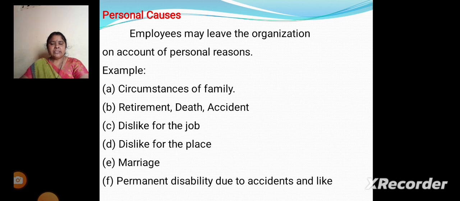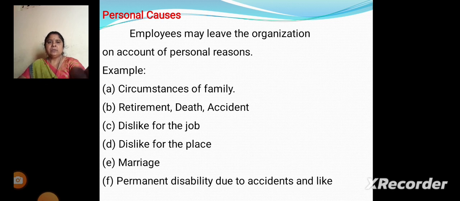Example, circumstance of family, retirement, death, accident, dislike of the job, dislike for the place, marriage, permanent disability due to accidents and the like. So these are the personal causes employees may leave the organization.